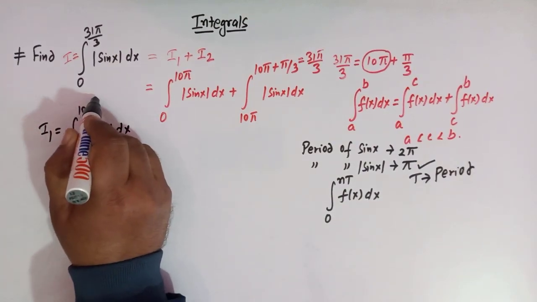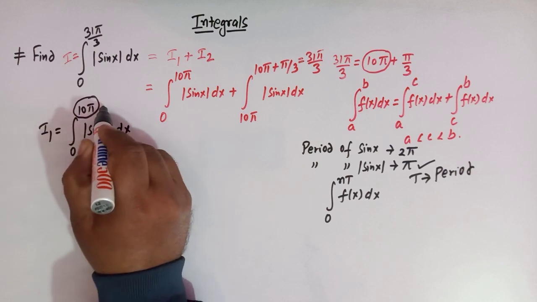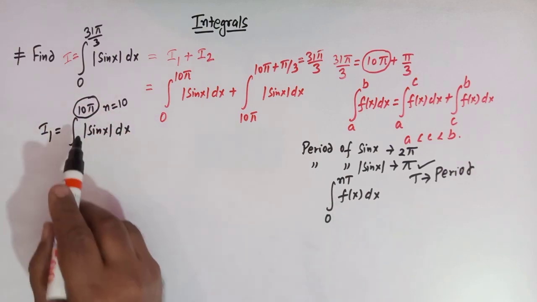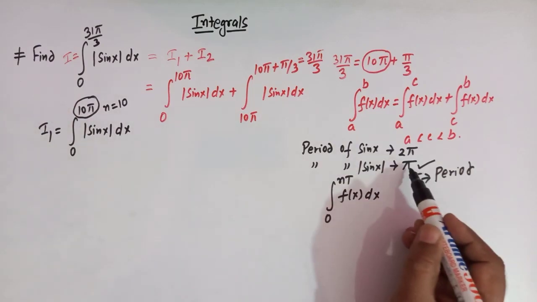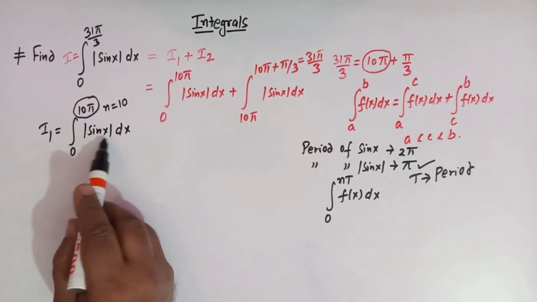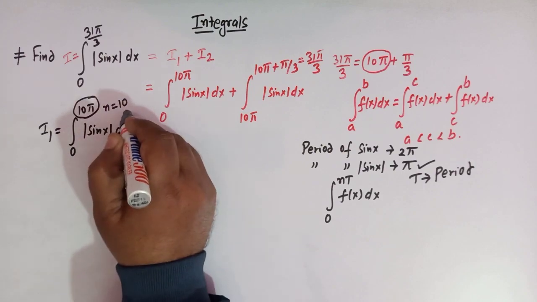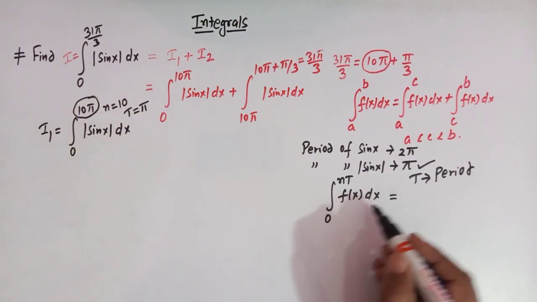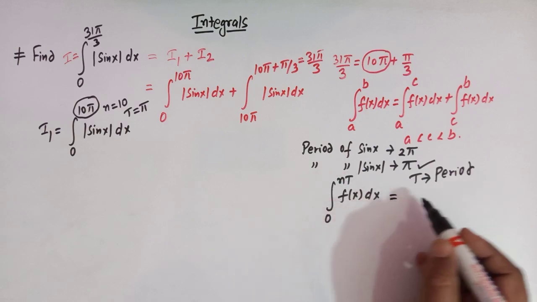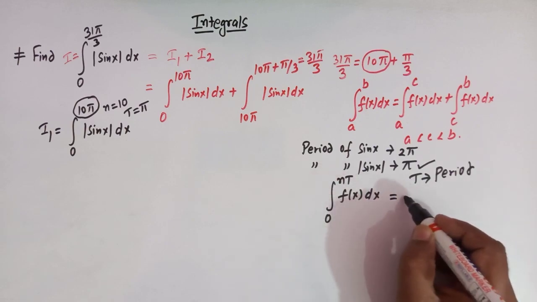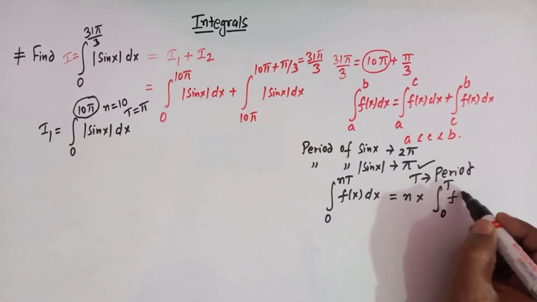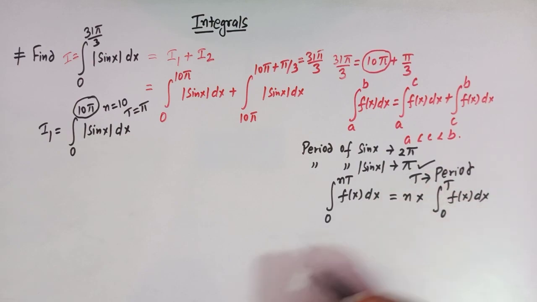Here we have 10π, so the value of n is 10, and π is the period of mod of sin x, so the value of T is π. For an integral of this type, we can write it as n times the integral from 0 to T of f(x) dx.